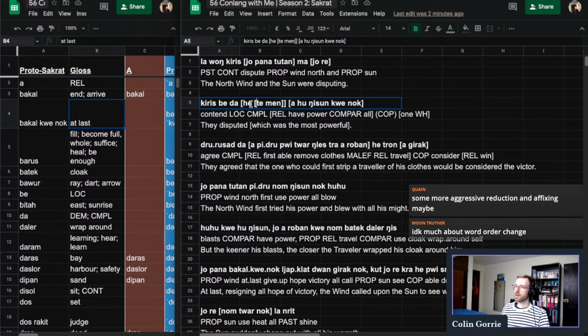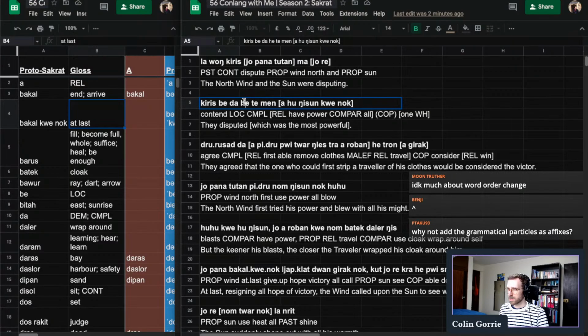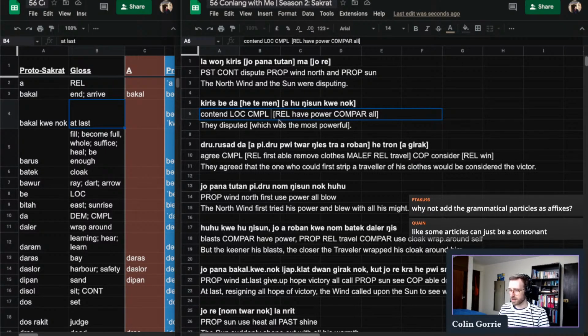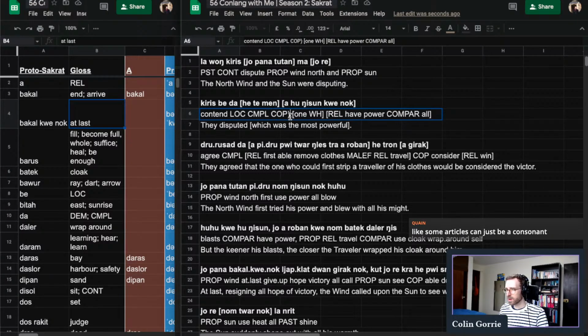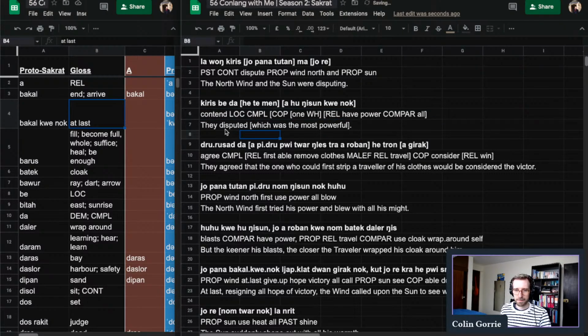I'm going to take the whole copula and its complement and put it up. So then we have something like, they contended over which one, oops, I got it wrong. Which one had the most power, had power beyond all. Okay.